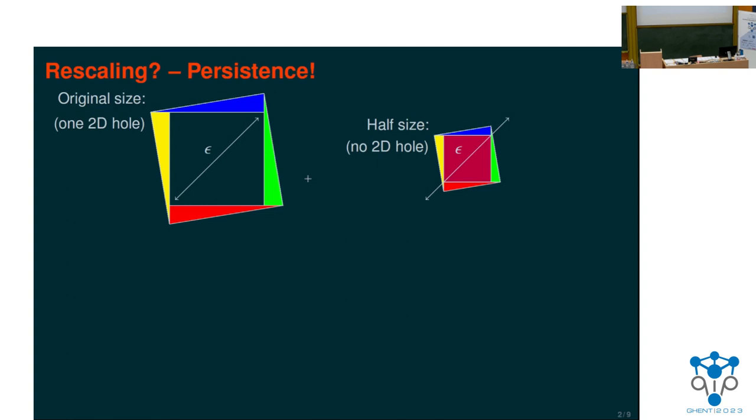And so it is somewhat robust to local stretches and so on, but not entirely. For example, if you have an object that you scale all together, then the Betti number is not invariant. So look at this line segment, whose length is epsilon, which is the length scale at which we wish to connect things together.